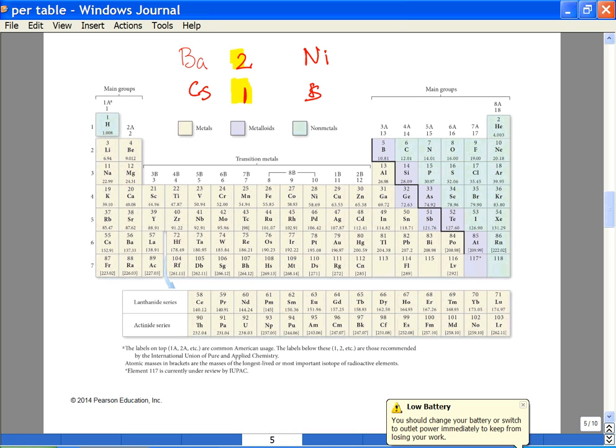All right, so now for nickel. Nickel is right here on the periodic table. It is in row 4, or in terms of order of filling, it's further to the right in this direction on row 4.